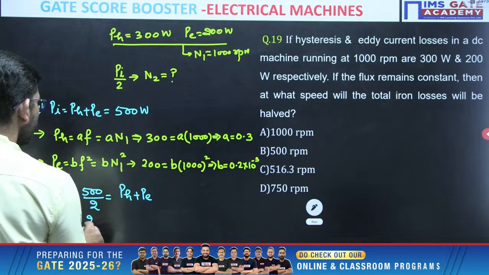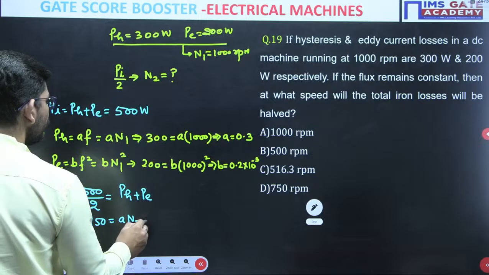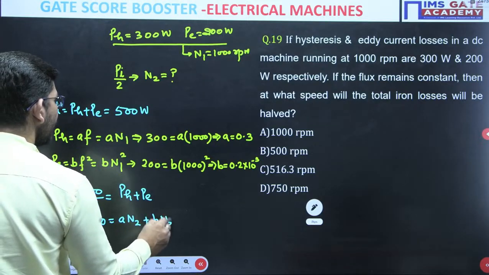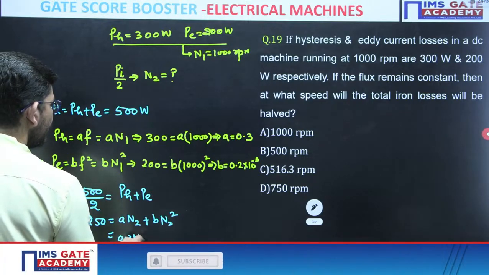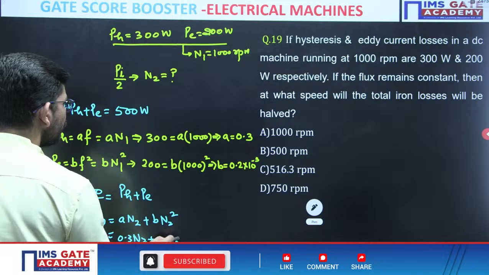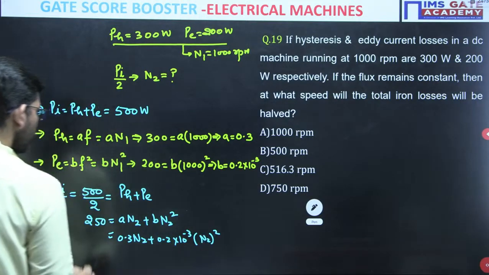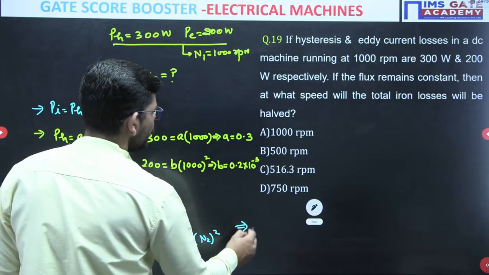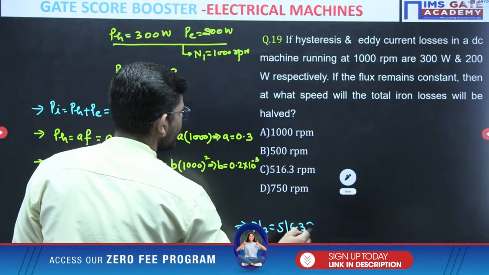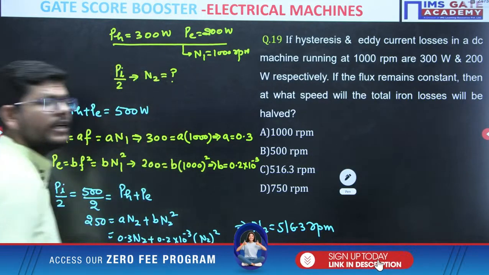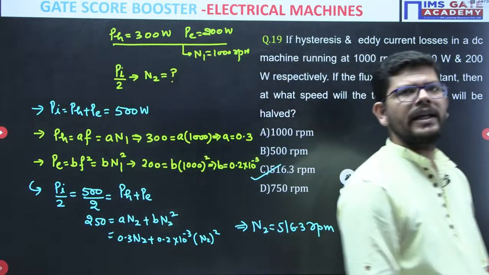So 250 equals A times N2 plus B times N2 square, where A is 0.3 and B is 0.2 into 10 to the power minus 3. When you solve this equation for N2, you will get N2 as 516.3 RPM. One of the roots might come negative, which you may ignore, right. So C is the right answer, correct.